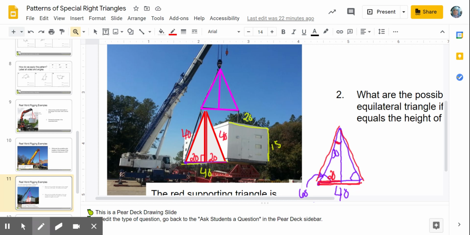So how do we find the height? We've got two different tools at our disposal. The first one we sometimes like is a squared plus b squared equals c squared, right? Where do I put the 20? Is that A, B, or C? It could also be B. And then what's the 40?